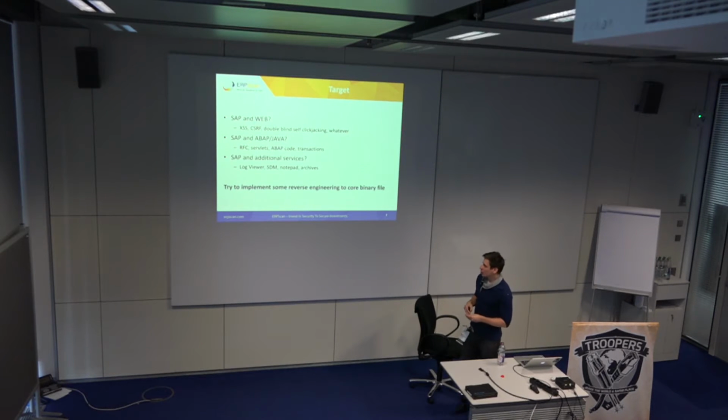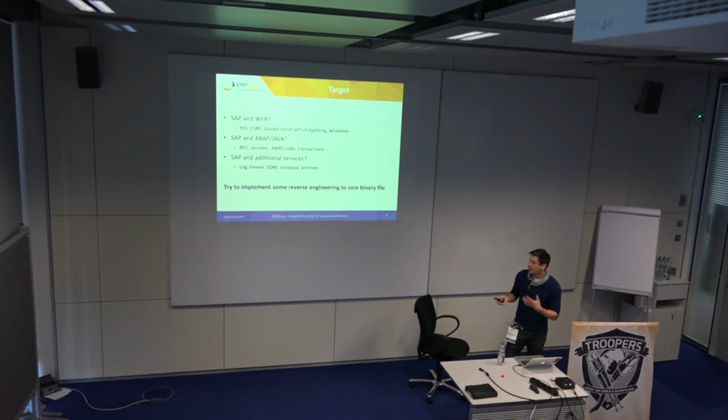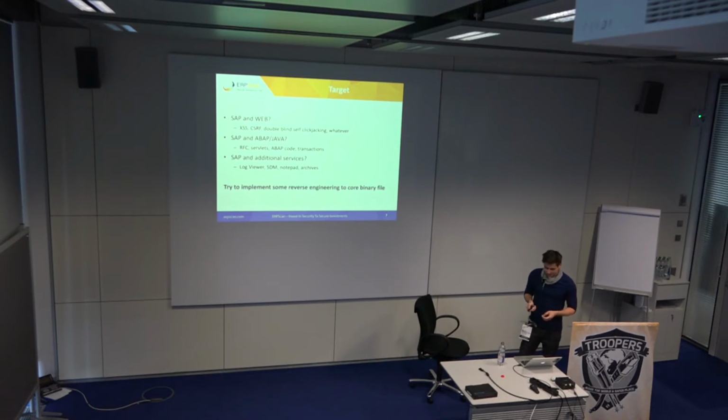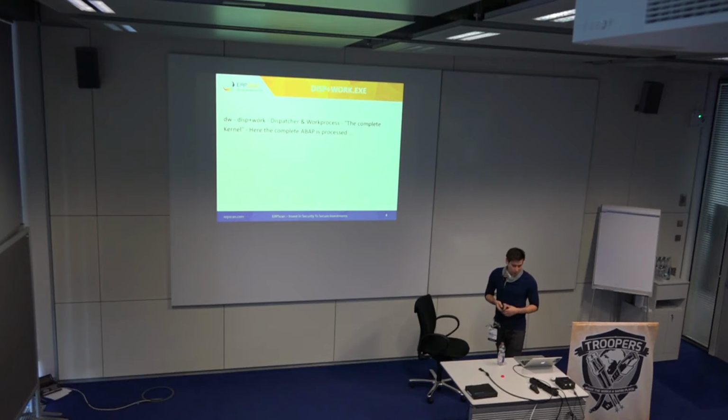In our research, we try to find vulnerabilities on the binary level of SAP processes. And we decided to start with probably the most important binary service, the SAP dispatcher service and the binary file disp+work.